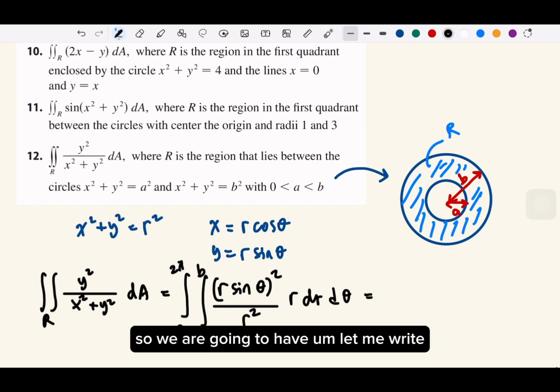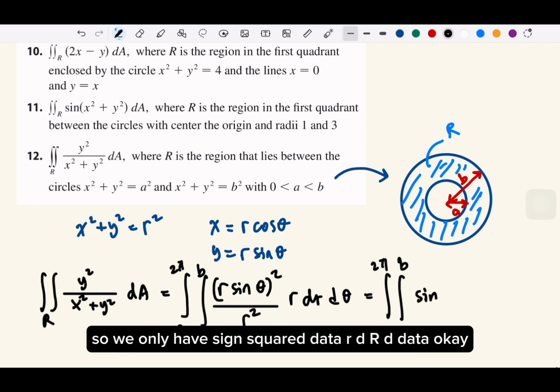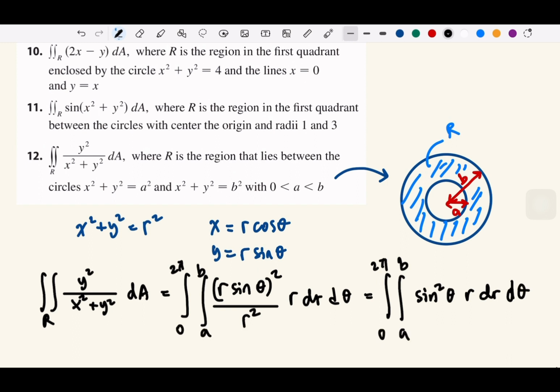So we are going to have, let me write, from a to b, r squared will be cancelled, so we only have sine squared theta, r, dr, d theta. Now remember, a and b are constants, right?